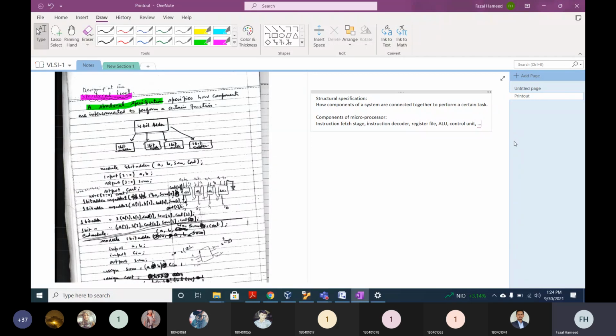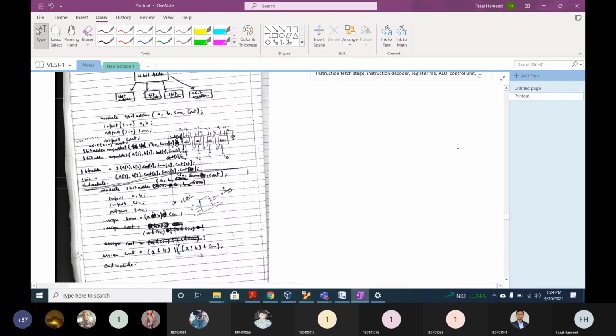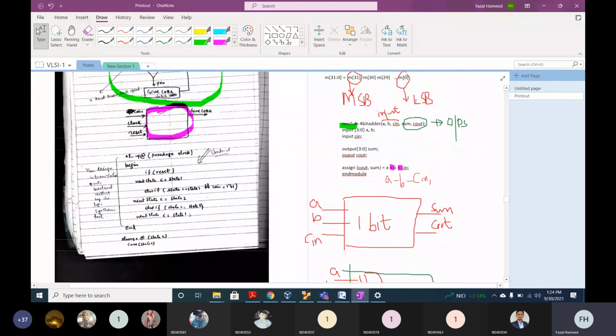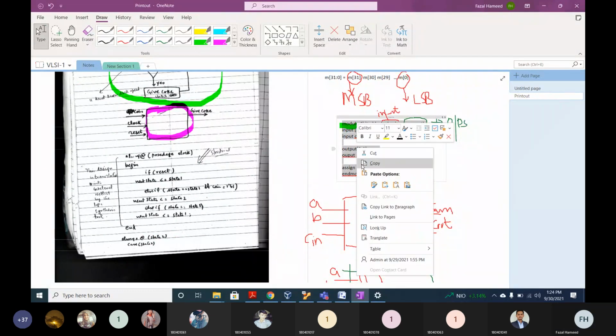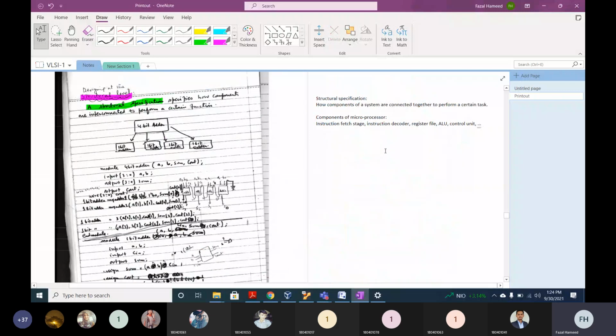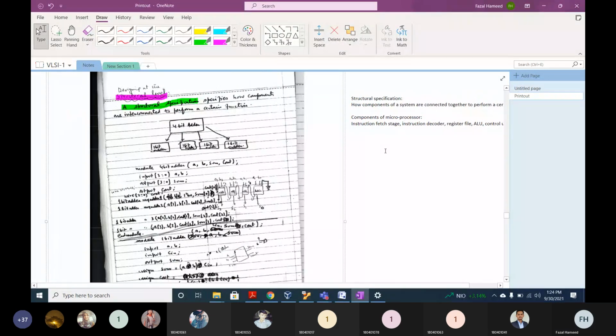You may also have studied in digital logic design how a 4-bit adder can be realized. So we will use the same module as we used in the previous lecture, but the internals of the module are now changed.